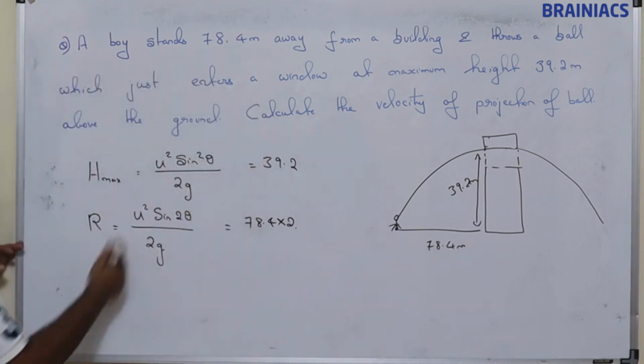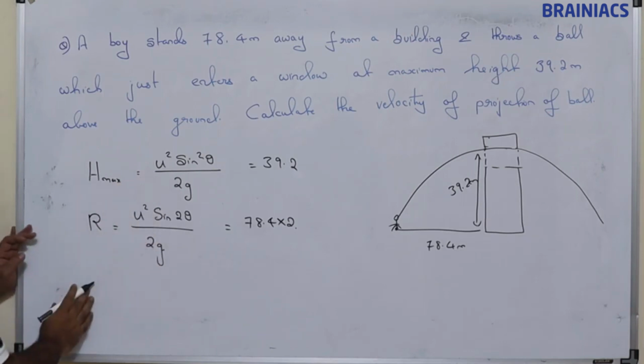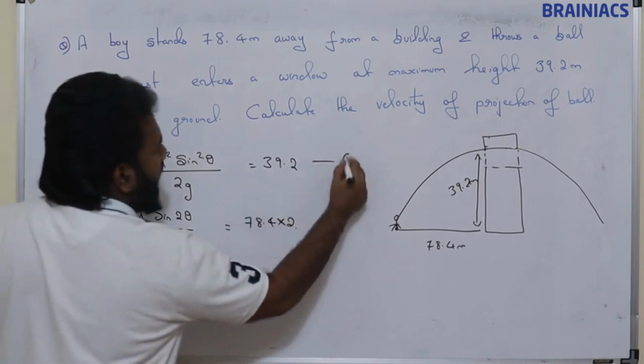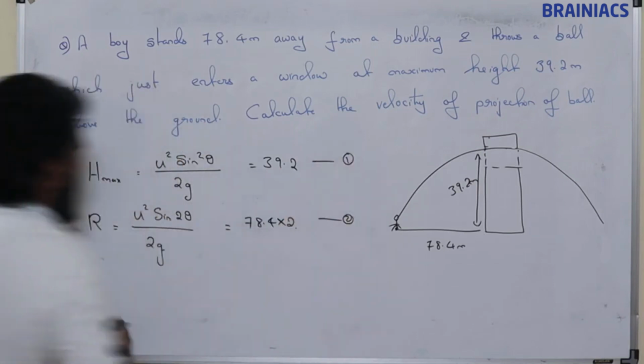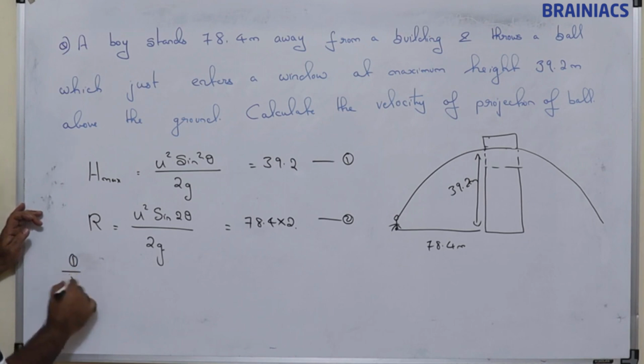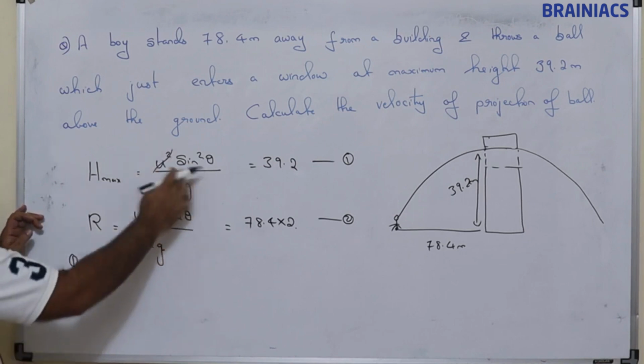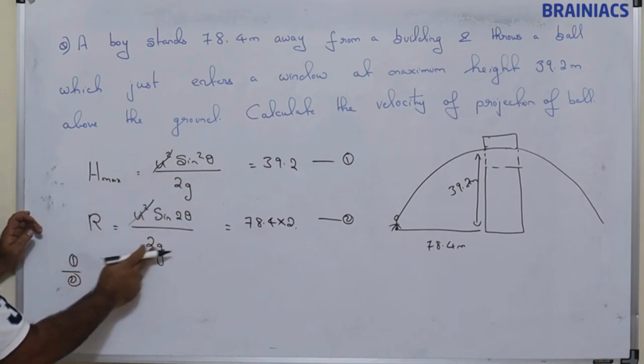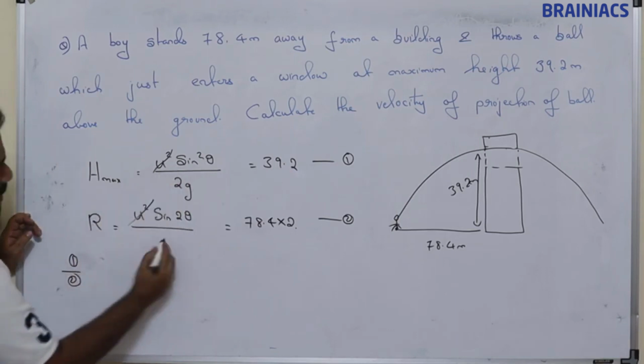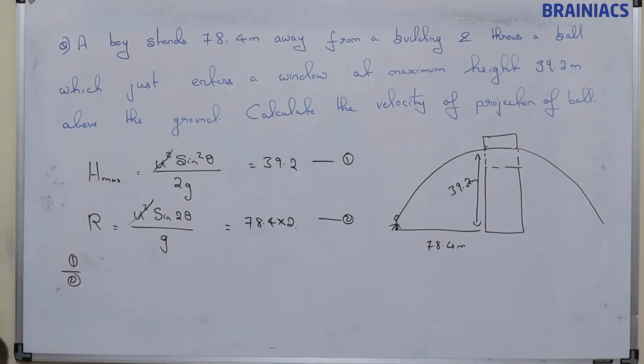Okay, fine. Now what we can do is divide these two equations so that we will be able to come to some conclusion. This is 1, this is 2. So 1 divided by 2. So this u square can be cancelled. Some mistake is there. This is not 2g, this is g. Right.